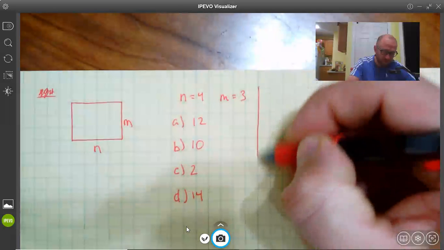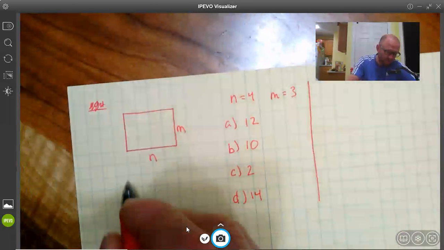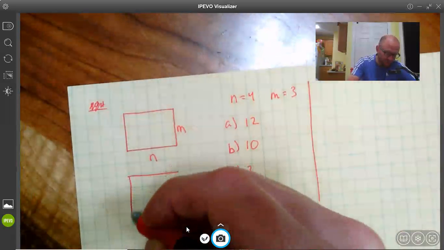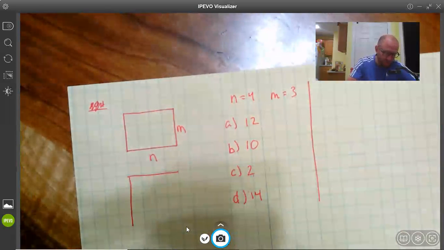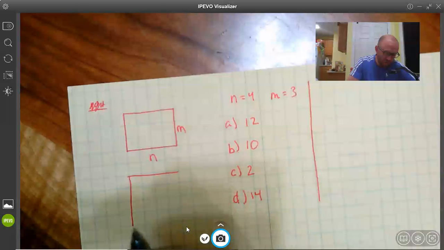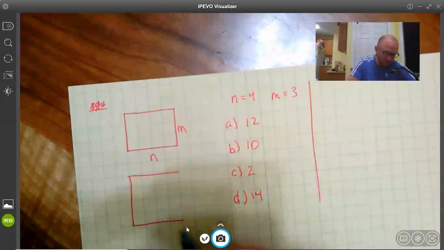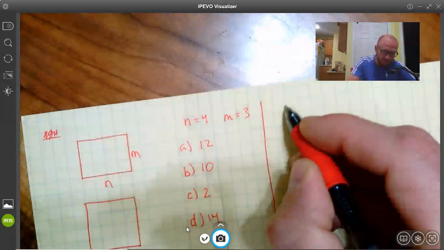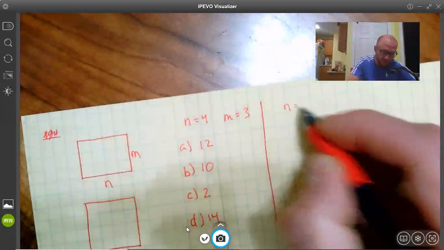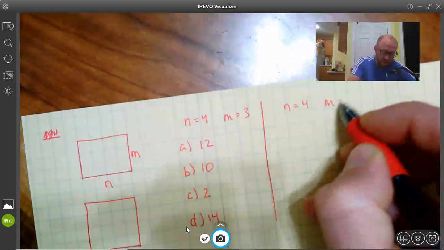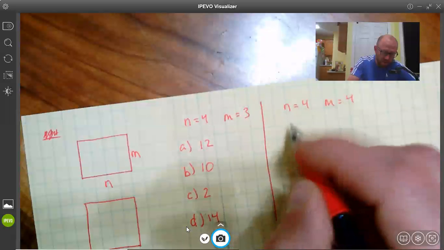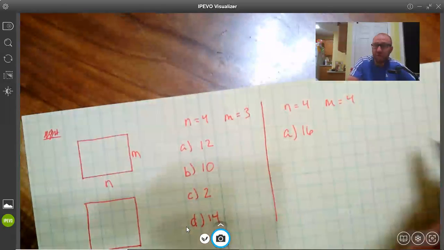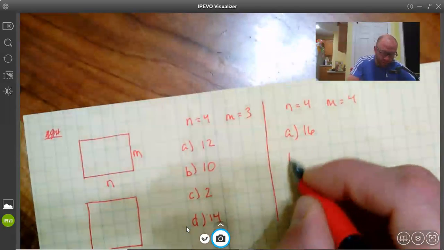Let's draw another one. Let's do 4 by 4. So n equals 4 and m equals 4. For A, the total number of boxes, that's pretty easy. 4 by 4 is 16.